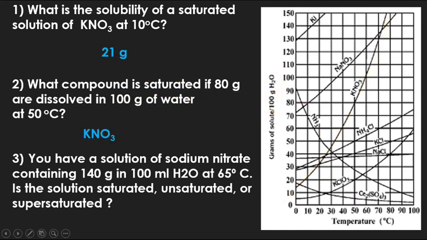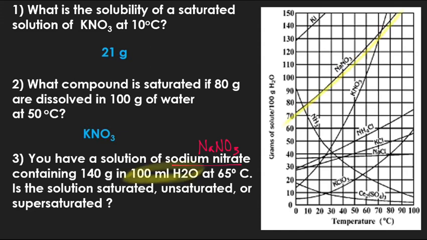Now, of course, they can and will get a little more complicated. Like this next one starts to ask you about that saturated, unsaturated, or supersaturated thing. What if I don't want to change the solution by adding any more crystal? How can I answer that question? Well, using this chart, of course. So this tells us that we're dealing with sodium nitrate, which is NaNO3, this line right over here.